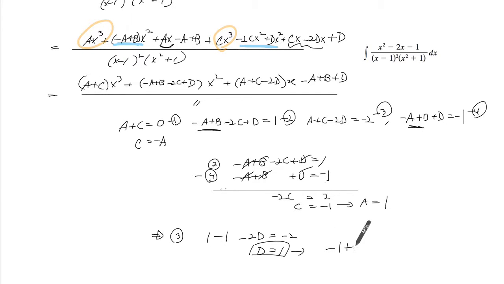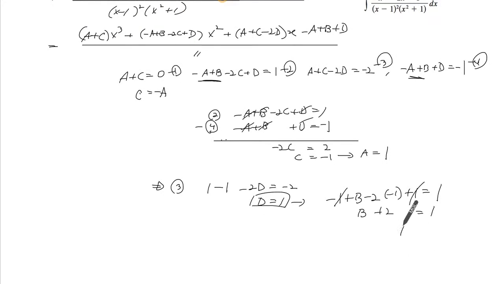We're trying to find B. C was equal to negative 1, and D was equal to 1. What is that? Plus 2, these two cancel out. So B is equal to negative 1.